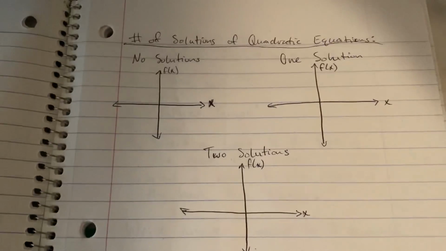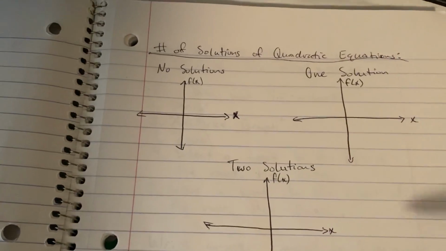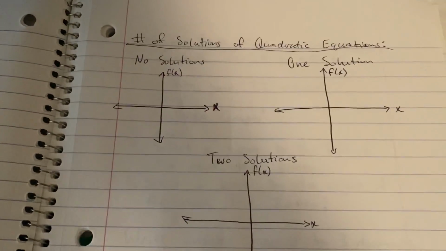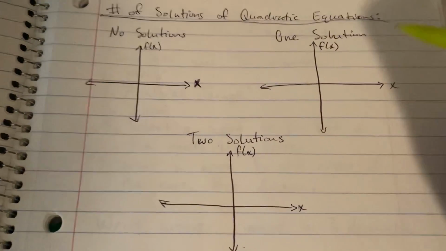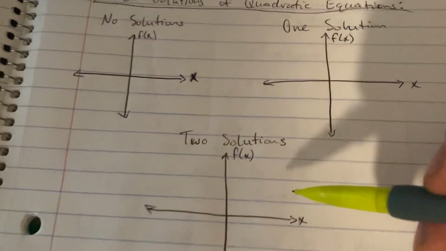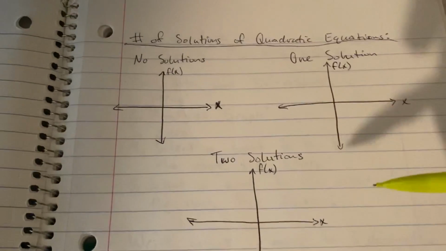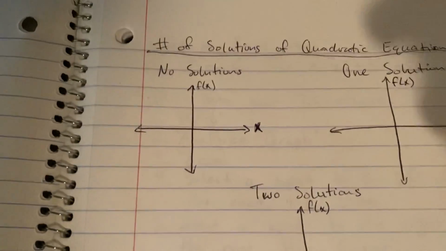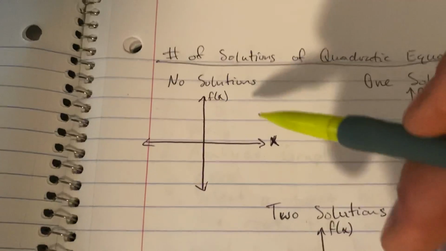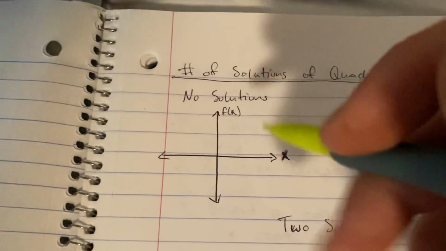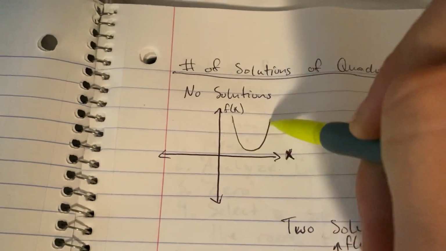Now some quadratic equations can have no solution, some might have 1, and some might have 2. I'm going to show you graphically what that looks like. When a quadratic equation has no solutions, it might look something like this.